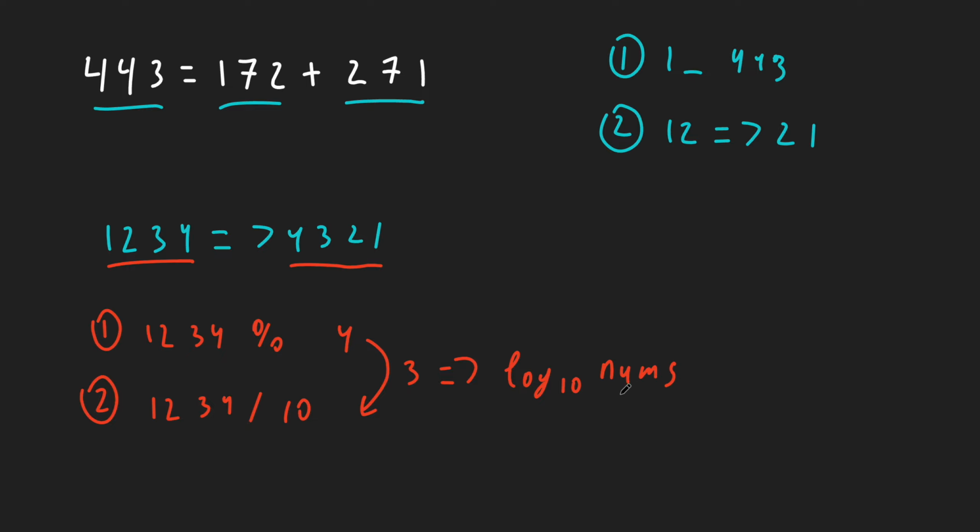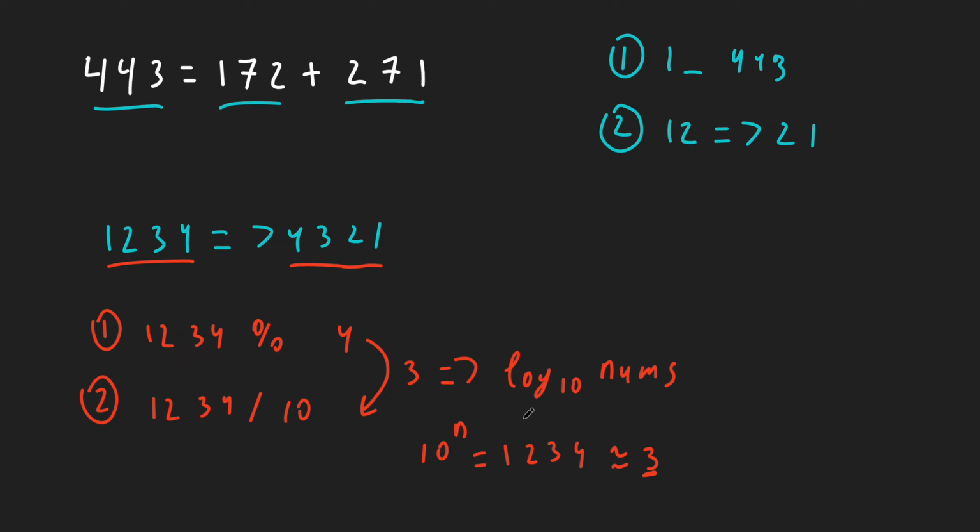What does that mean? It means how many times we need to raise 10 to some power to get 1, 2, 3, 4. It's approximately 3, which is the time complexity of our reverse function.